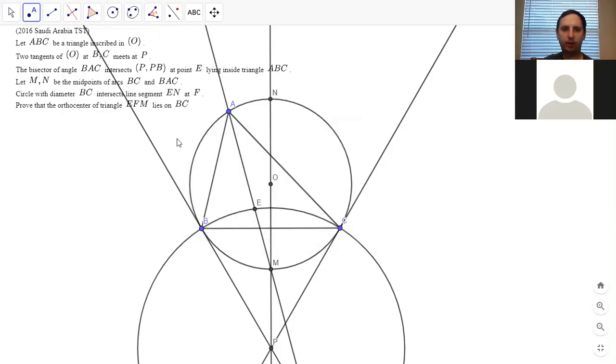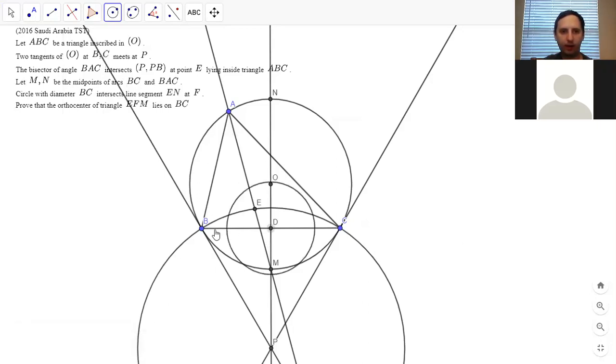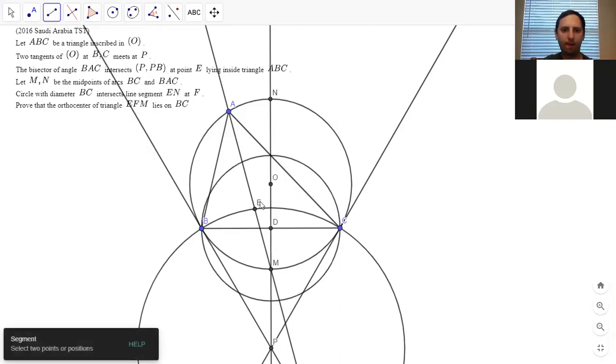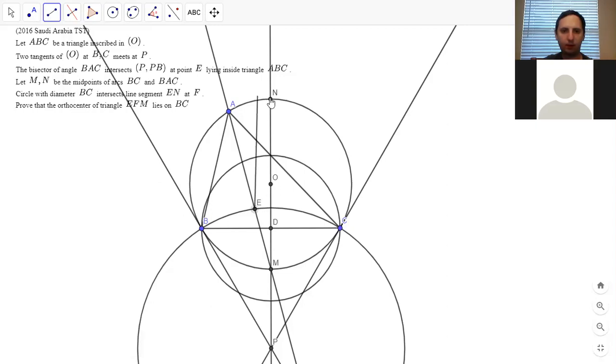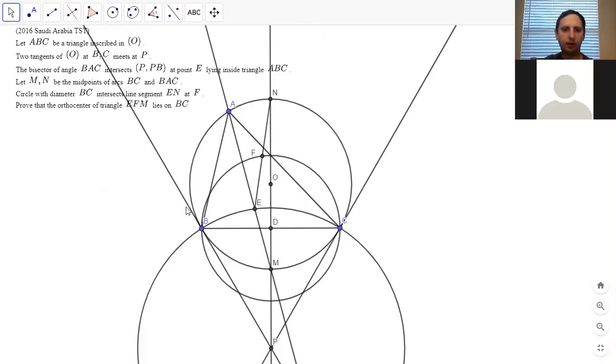And then we draw the circle with diameter BC. And it intersects segment EN at F. It passes through that point too, but it intersects EN at F. And we want to show that the orthocenter of EFM lies on BC.